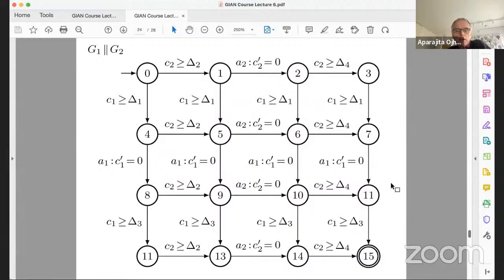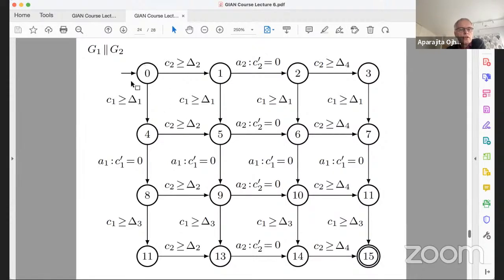But the problem is that there are actually a number of clocks here now. And depending on which route we take, which path we take, we will get quite different results of the clocks. And this will also determine how long it takes. Just take, for instance, going from 0 to 5.